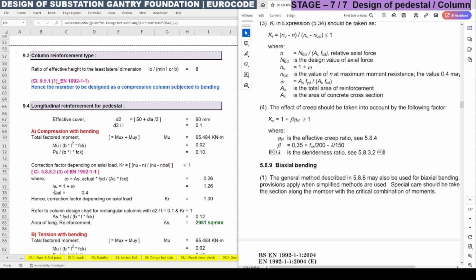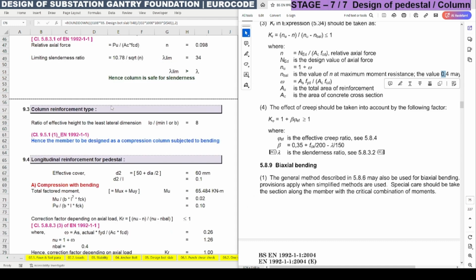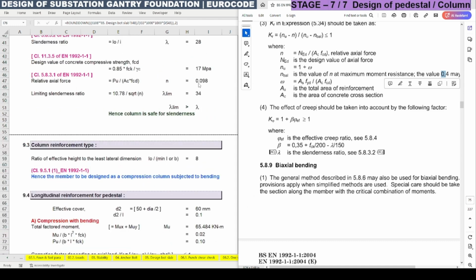And the next one is nu equal to 1 plus omega, which is 1.26, and n bal is 0.4, which we are considering directly. So we have all the inputs for the correction factor equation. Nu is 1.26 and n is the relative axial force, which is 0.098, which we already calculated.